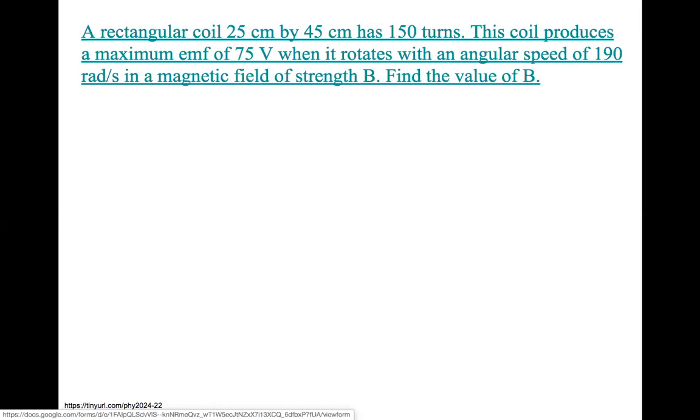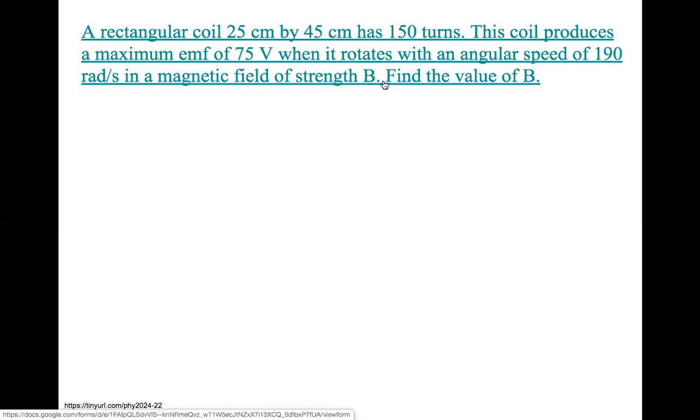Sometimes it tells you angular frequency, and sometimes the wording becomes angular speed, but that's the same thing. Remember, omega is the quantity we use in circular motion, which is the angular speed. It asks you what the B field will be.